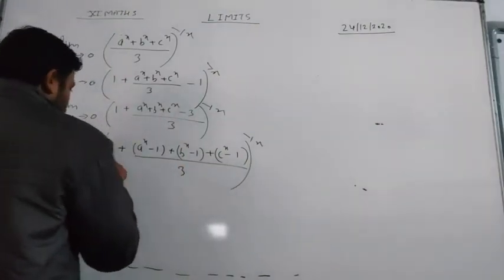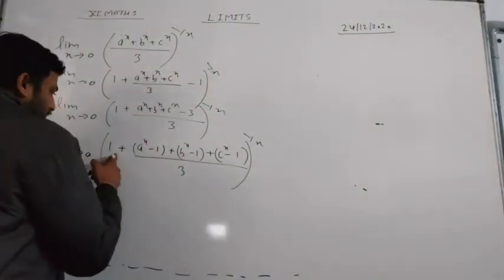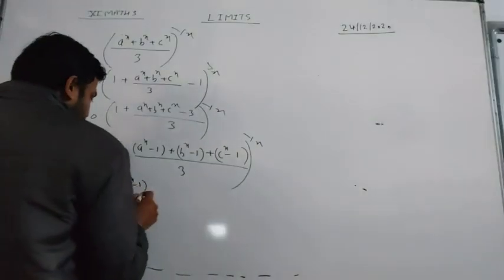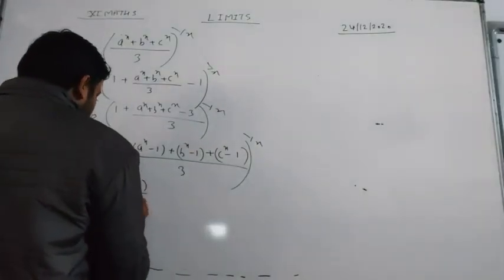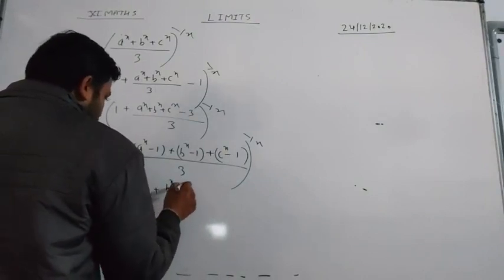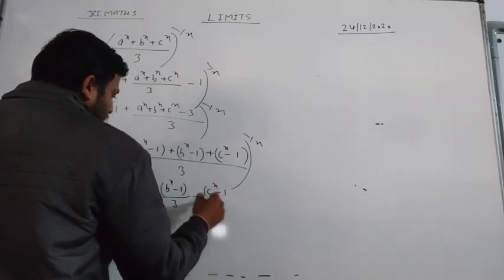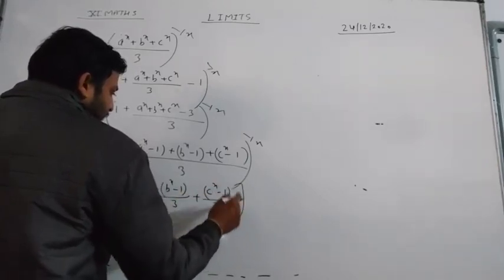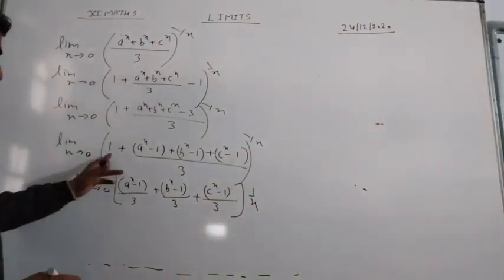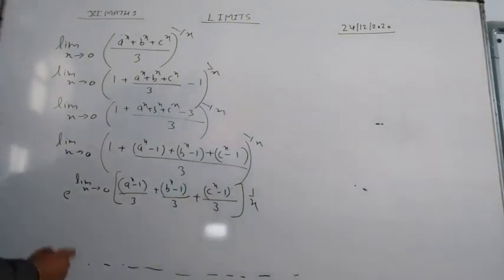When we write this term f(x) minus 1, it will be reduced, so we get (a^x minus 1) by 3 plus (b^x minus 1) by 3, plus (c^x minus 1) by 3, and here 1 by x, which is our g(x), and plus 1 minus 1 will reduce.